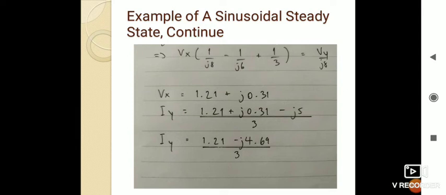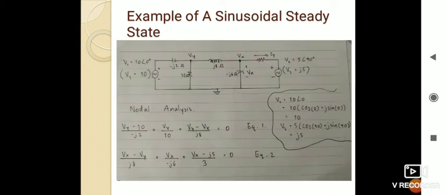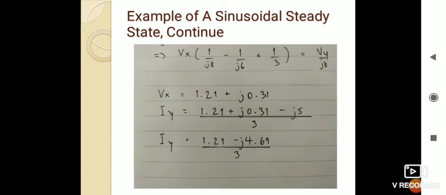After we get Vx, we can find Iy very easily by filling in the equations here. We can see that in order to get Iy, we need Vx, and we also need Vx minus J5, which is V2, of course.